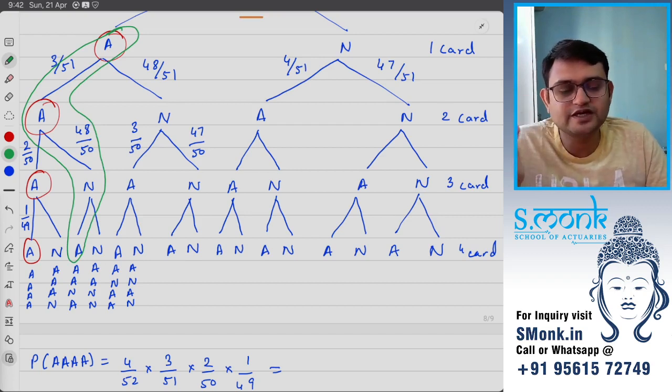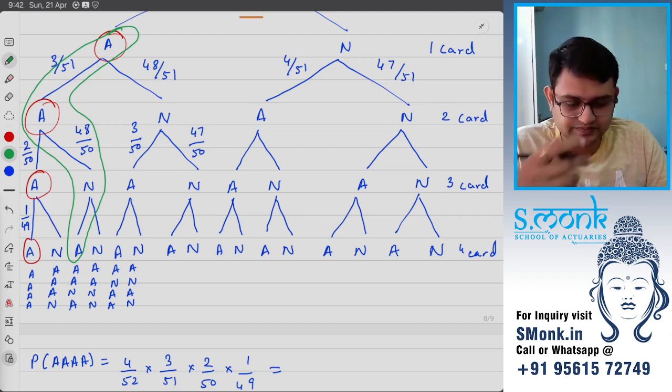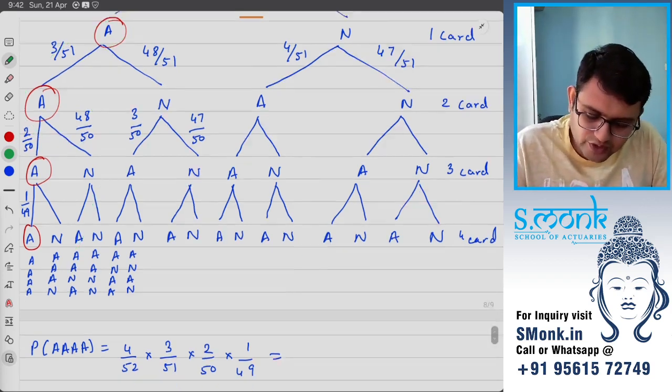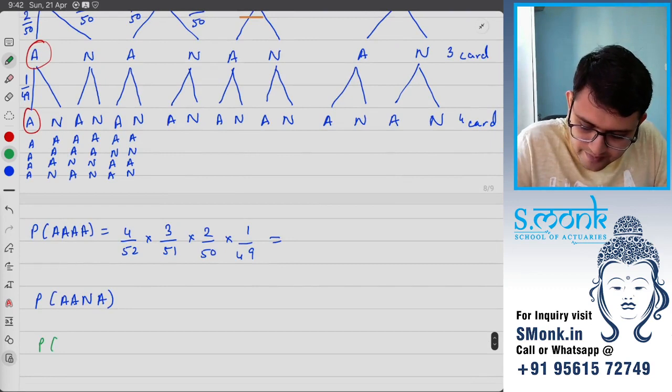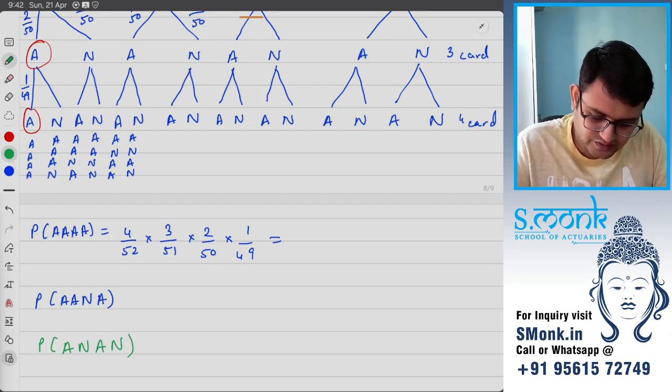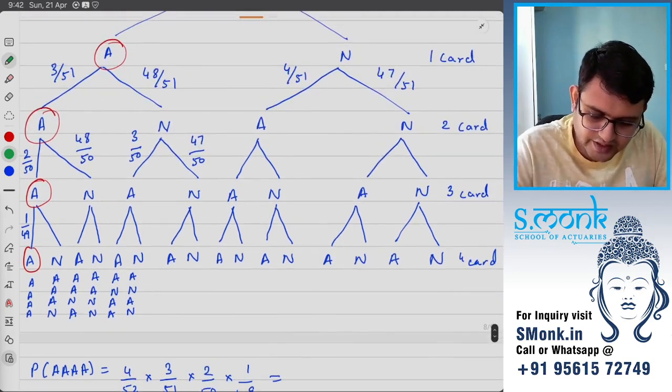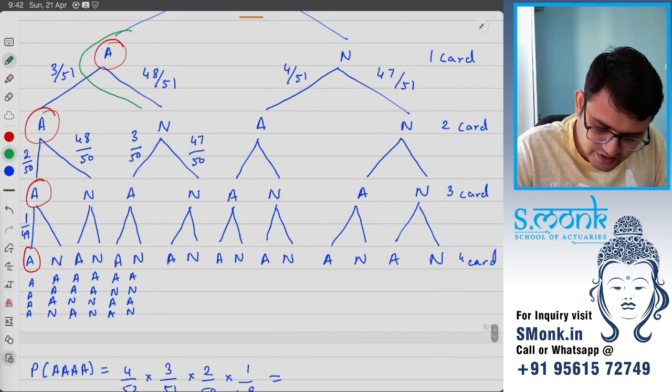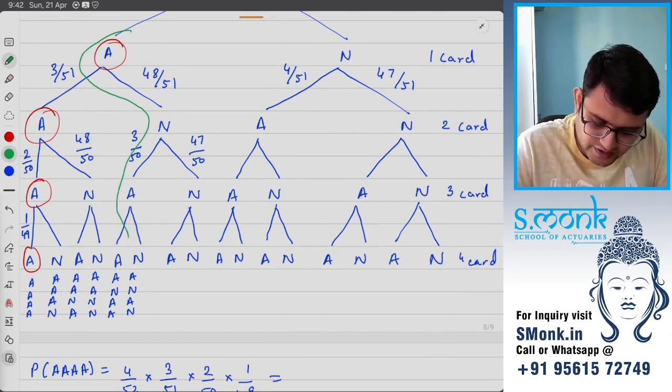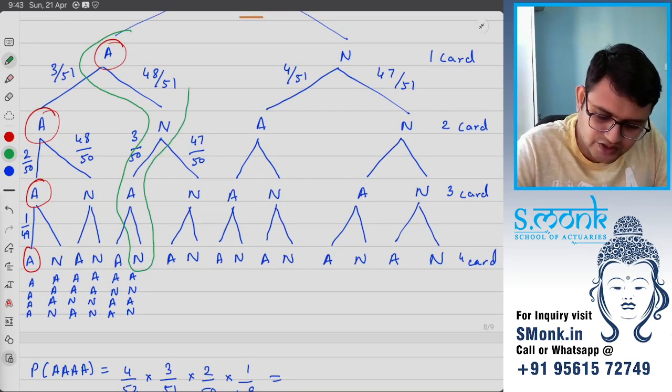I would have just multiplied all 4 probabilities of that branch. If I am looking for probability of, let's say, ace, not an ace, ace, and then not an ace, this is the branch that we are talking about.